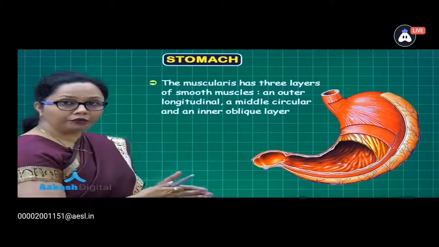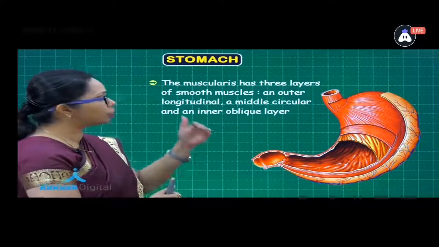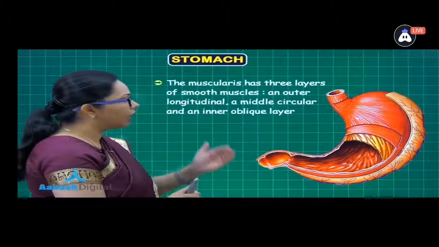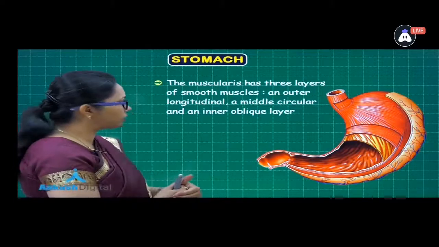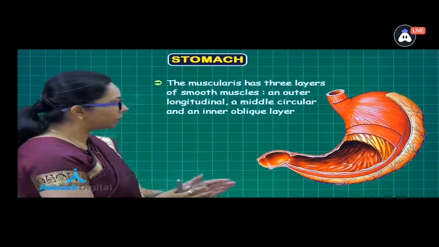In the rest of the alimentary canal we had seen only 2 sets of muscles, longitudinal, the outer one, and circular, the inner one. But here there are 3, and that third additional layer is the oblique muscle layer. All 3 of them are smooth muscle layers.